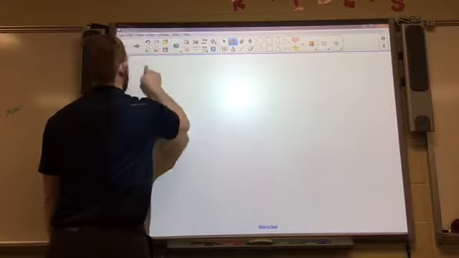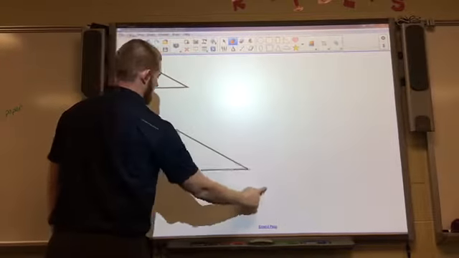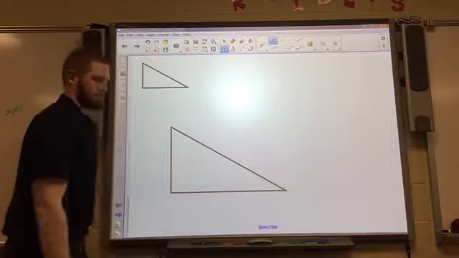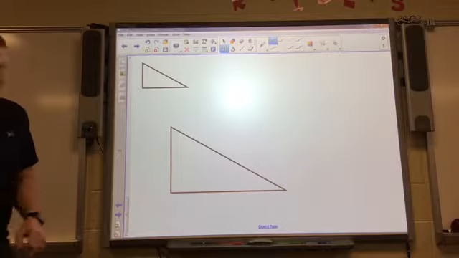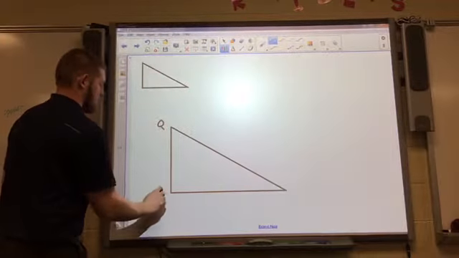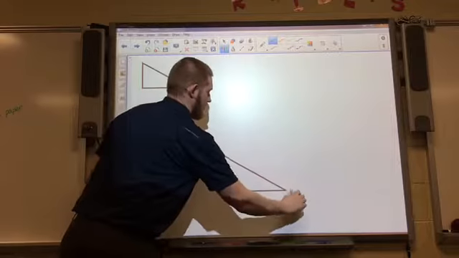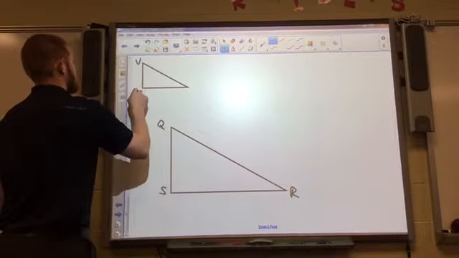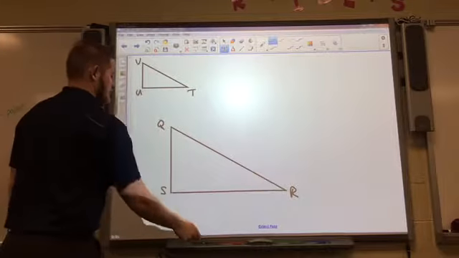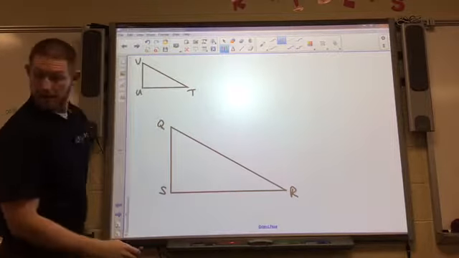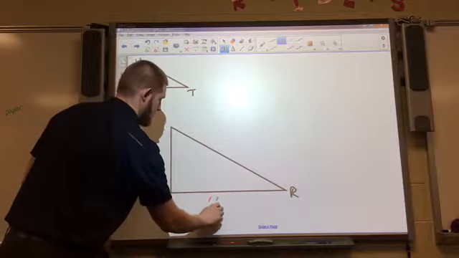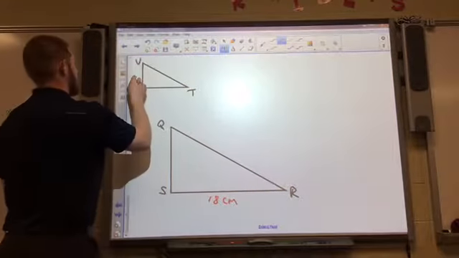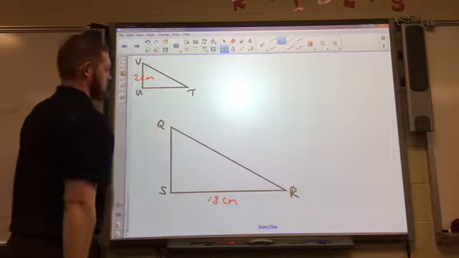All right. Now, one other way where you might have to use these before we move on to another topic, they might give you something like this. I have triangle QSR, and I have triangle VUT. They told me that this is 18 centimeters. This is 2 centimeters.